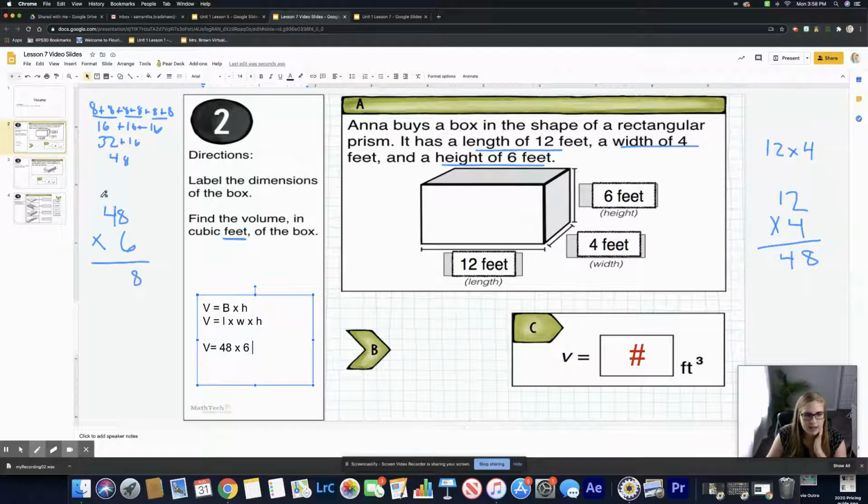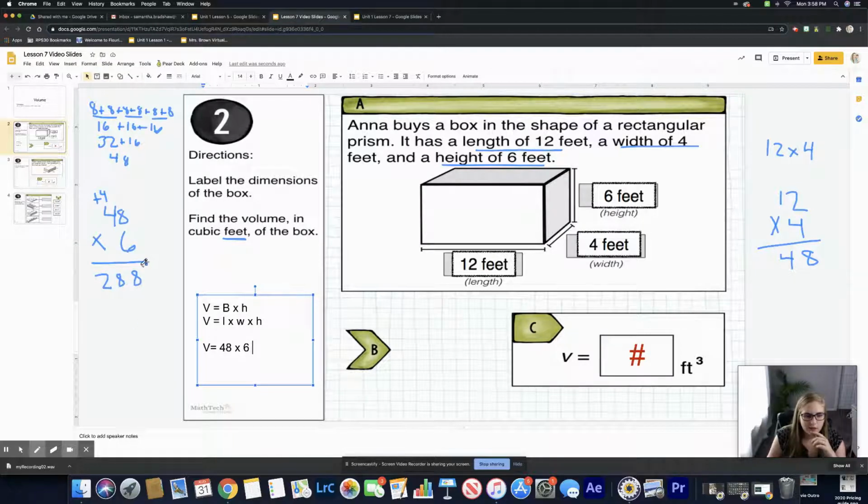So put my 8, carry my 4, 6 times 4. If I don't know my math facts, I can do 6 groups of 4. So 4, 6 times. Or if I do know my math facts, I can just say 6 times 4, and that would be 24 plus 4, which would be 28.